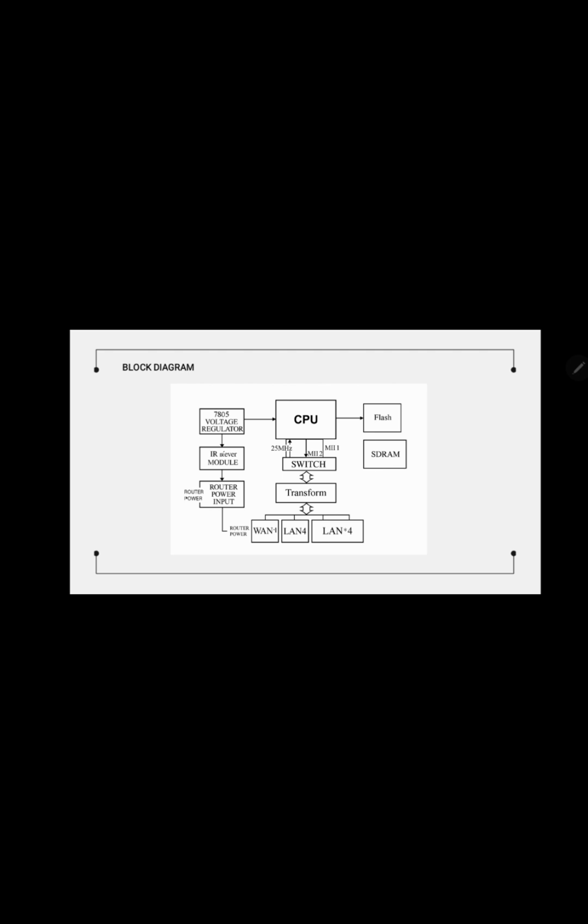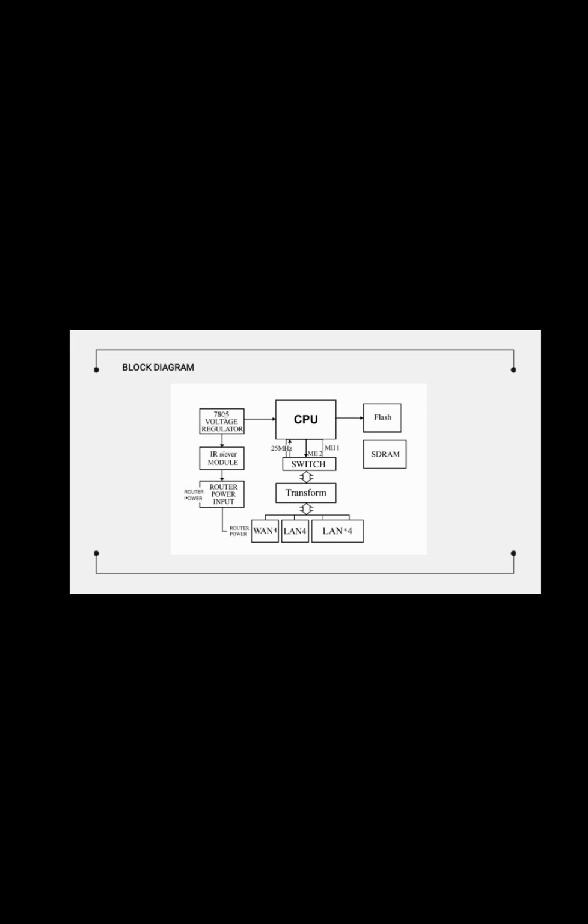The switches are used to transform the signals into LAN and WAN. WAN means wide area network, LAN means local area network. Via WAN, we give the input data to the router, and via LAN, we take output to computers and systems through wire.